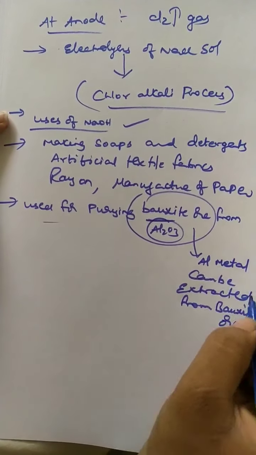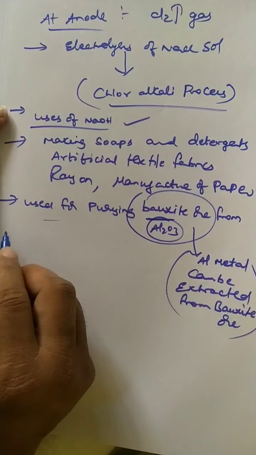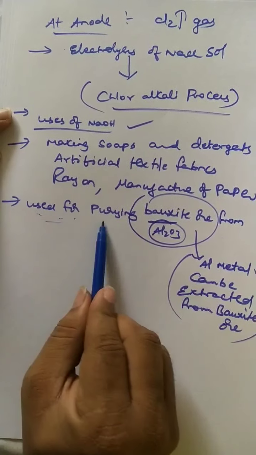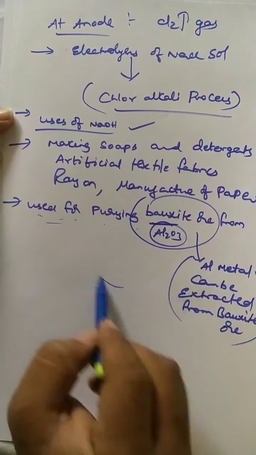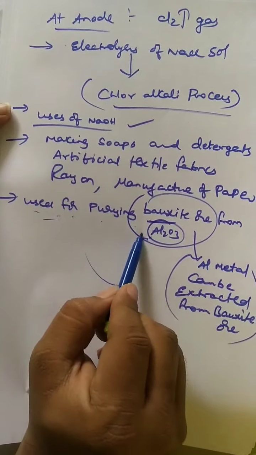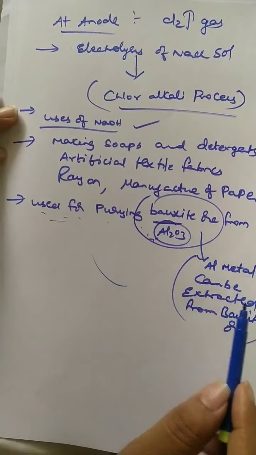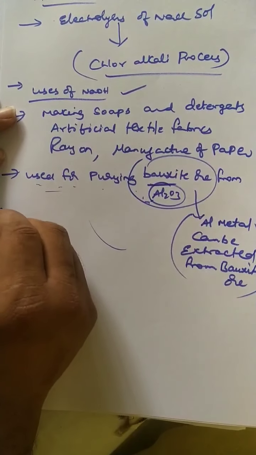Which metal can be easily extracted? Sodium hydroxide is mainly used for purifying bauxite ore. What is the importance of bauxite ore? Al2O3 is the formula. Aluminium metal can be easily extracted from this bauxite ore.